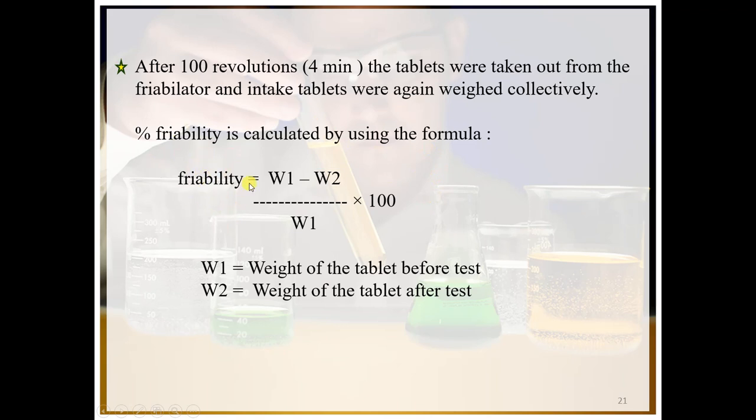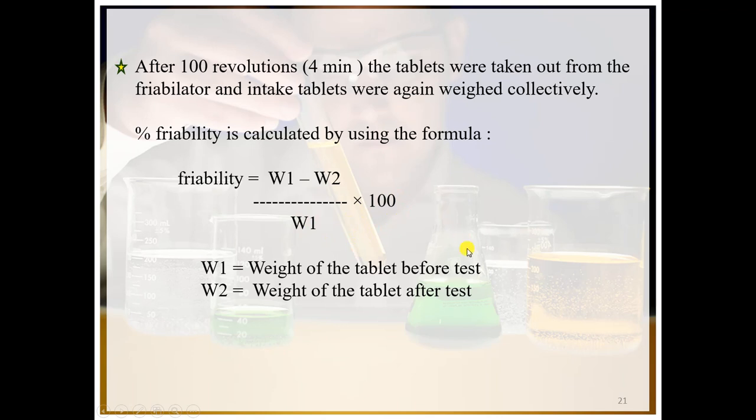You put here the weight of the tablets before the test, represented by capital W1, and subtract from it the weight of the tablets after the test, W2. Then it is divided by the weight of the tablets before the test and multiplied by 100.